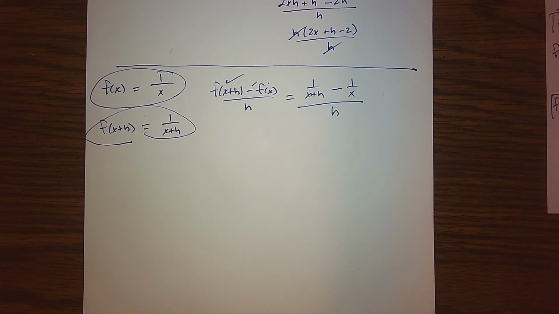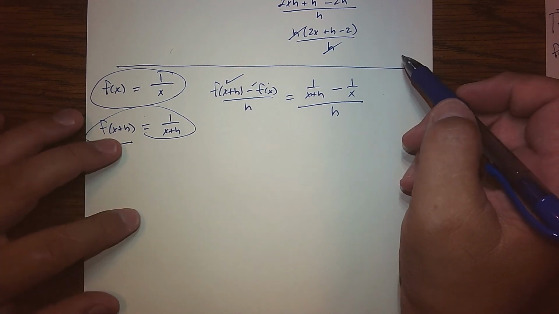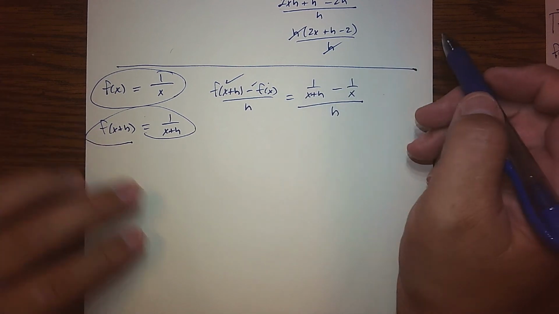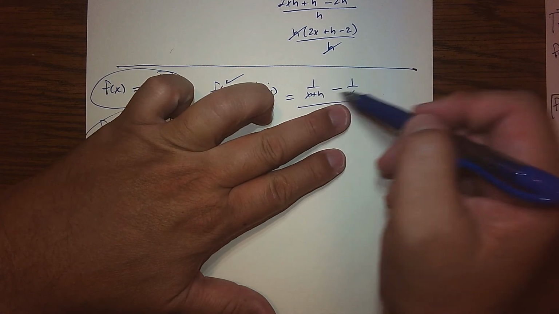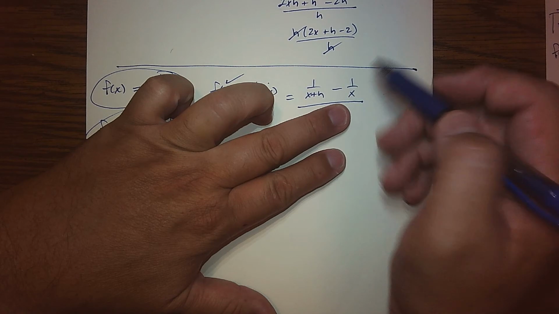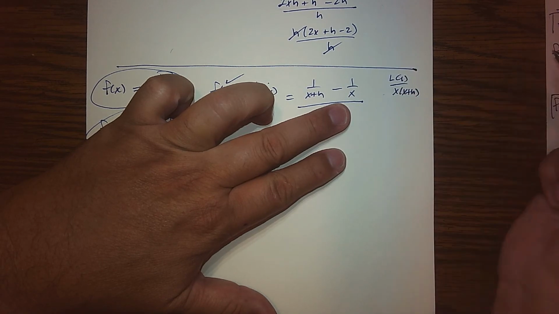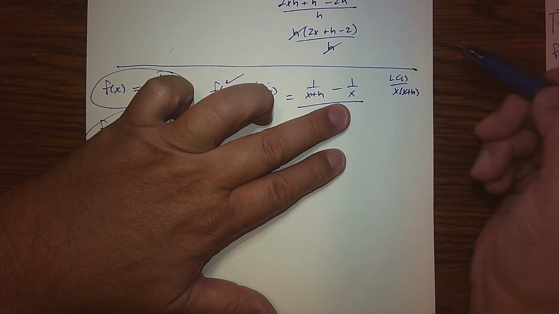So what's next is we got to clean that up. There are lots of ways to do this, but one way is just go back to our review. We essentially have to subtract fractions up here. And upstairs, the LCD is x and x plus h. That's a factor and that's a factor.